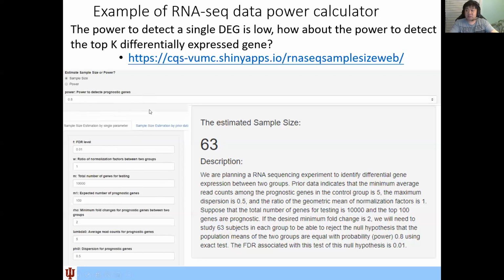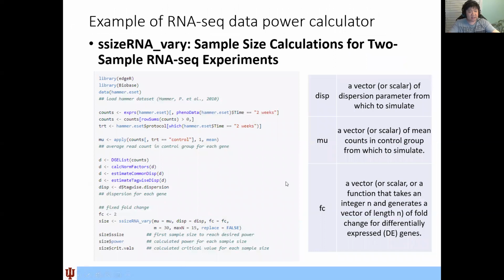Normally when we do power calculation, we use 0.8 as a good criterion. This is a second RNA-seq data power calculator. It's called ssizeRNA, which is an R package.